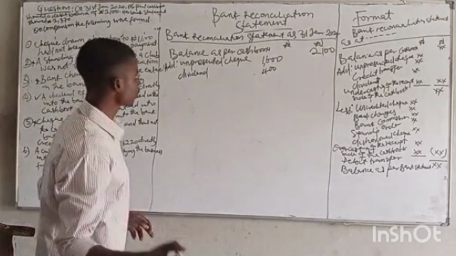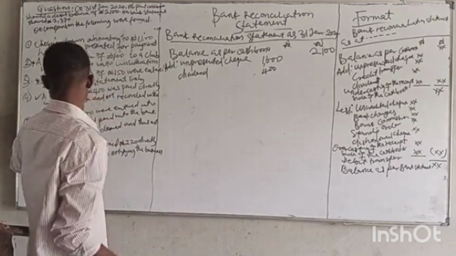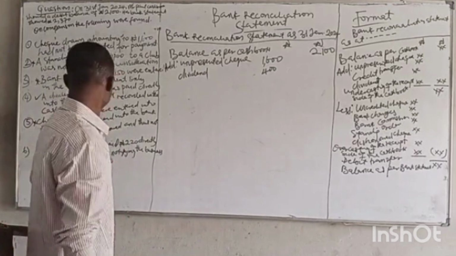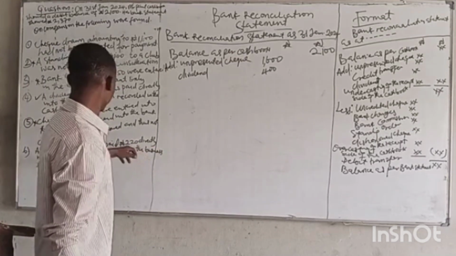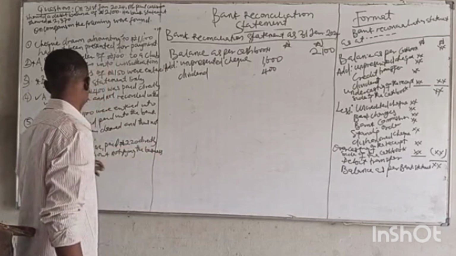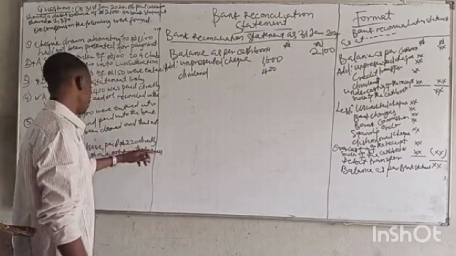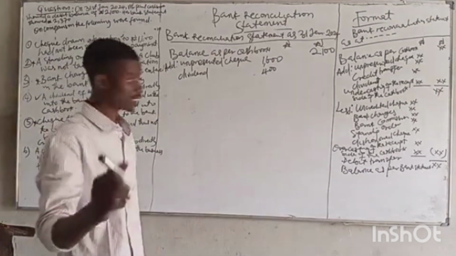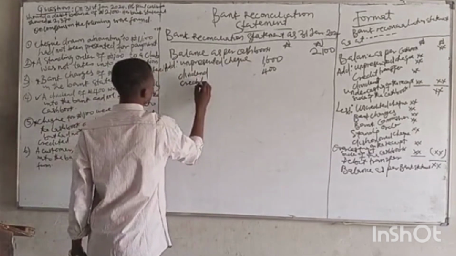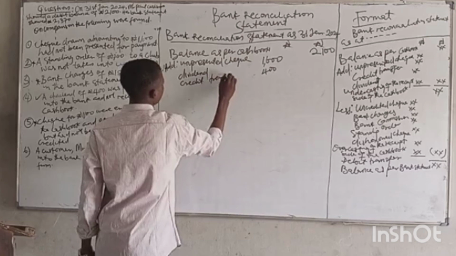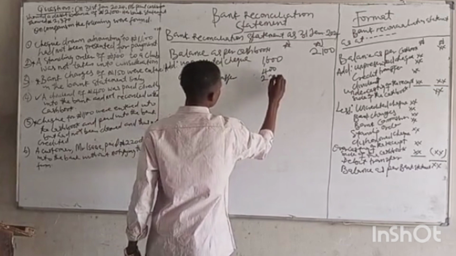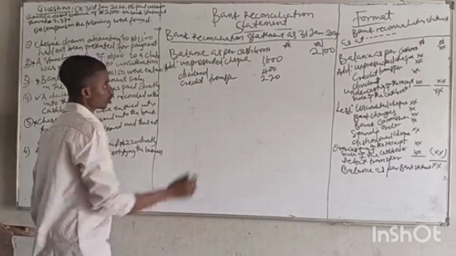Then the last transaction said a customer, Mr. Azik, paid 220 naira directly into the bank without notifying the business firm. This is the credit transfer. So credit transfer is here. So we say credit. How much is that? 220.